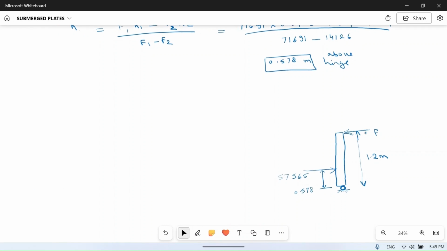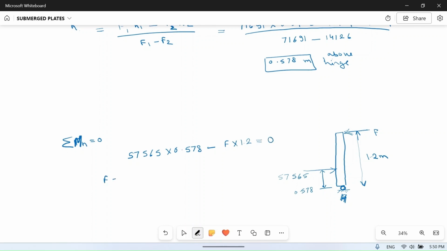Okay, so to find F, we can take moment about this point, the hinge point H, which should be 0. Moment about point H is equal to 0. So we can write 57565 into 0.578 minus F into 1.2 is equal to 0.